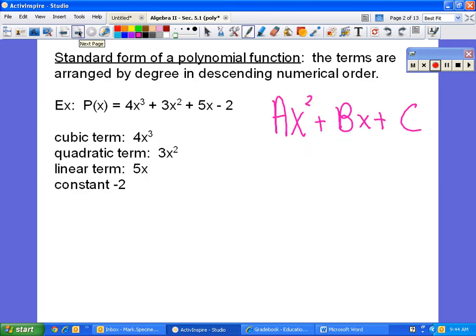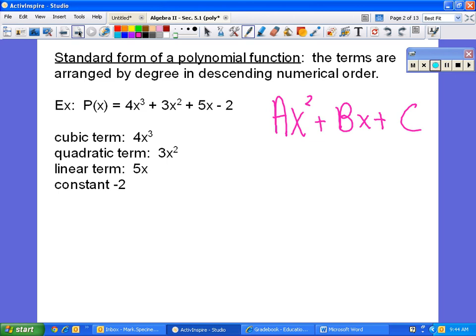Okay, and the last thing we're going to, the last definition, not the last definition for today, but the last definition in this section, standard form. When we talk about standard form, think back to when we just did quadratic equations and we put something in standard form of a quadratic equation.